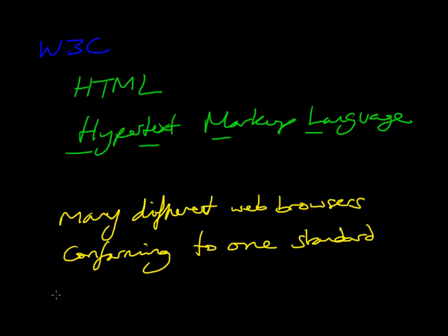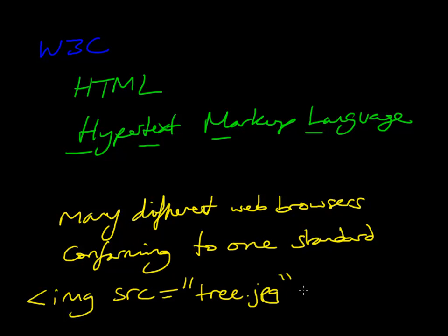Some of the accessibility standards within HTML: if I create an image tag, this is saying add into my web page an image, and the source location of that image will be, we'll say, tree.jpg, so it's a JPEG image. And then for accessibility, we add in another attribute called the alternative attribute, or alt, and I can put something like an oak tree.